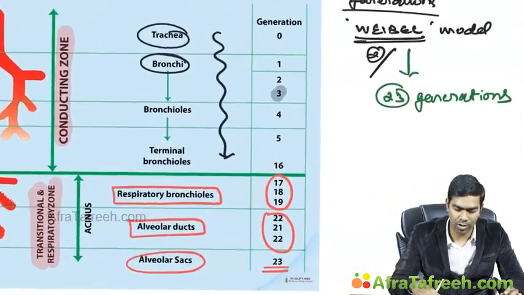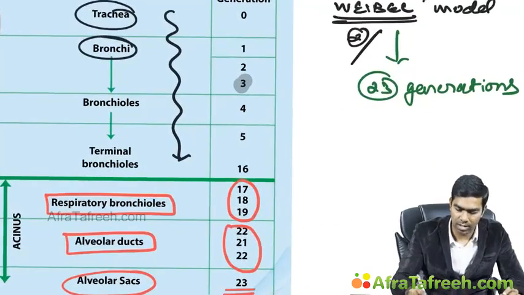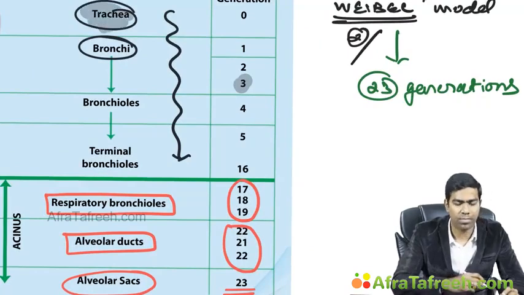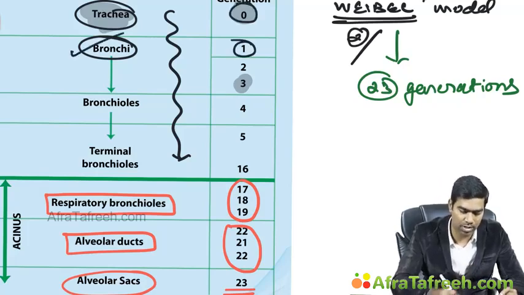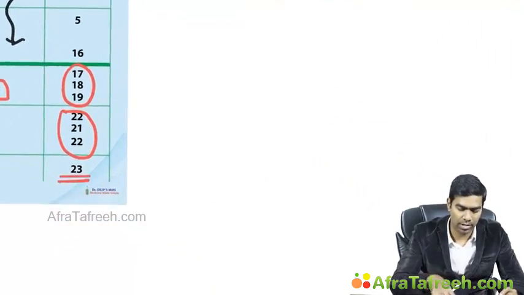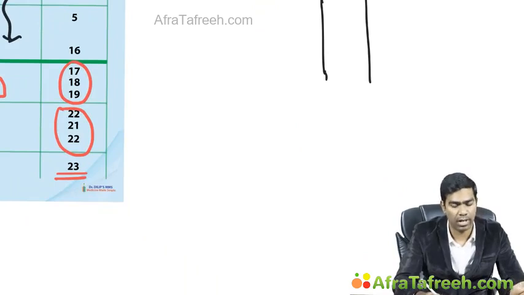So now let us go for certain aspects of the conducting zone. You can see this is the trachea, and the trachea contributes to something called generation number 0, and that is very, very important. It's the main bronchus that is going to start with generation number 1. So let us put a trachea, otherwise called the windpipe in layman's terms.